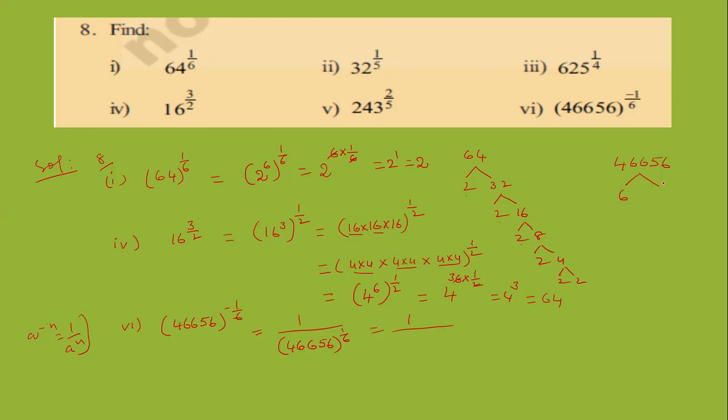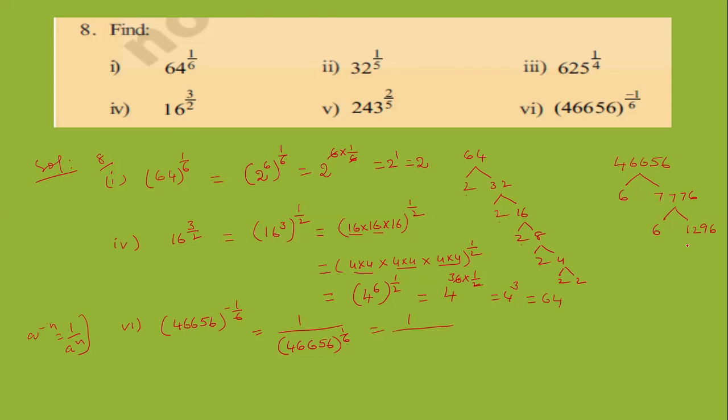You may write this one like this: 1 by 46,656 to the power of 1 by 6. Write the numerator without any change like that. Here in the denominator, 46,656 is there. This is divisible by 6, and I divide the given one into factors of 6.